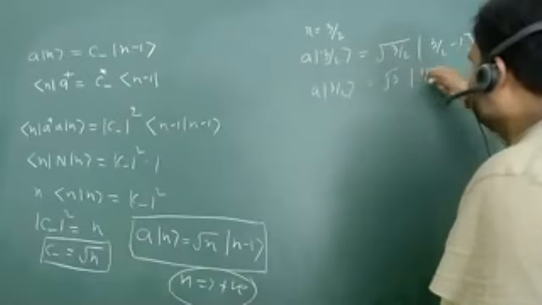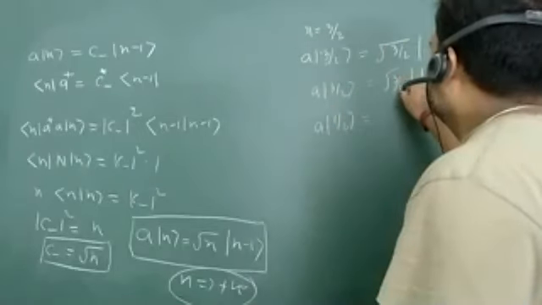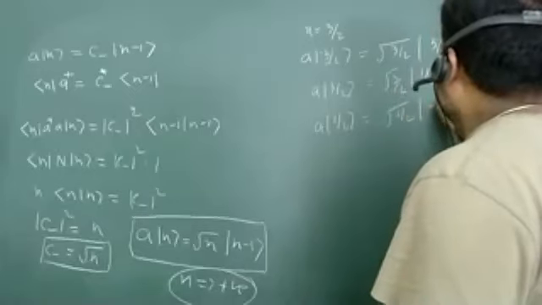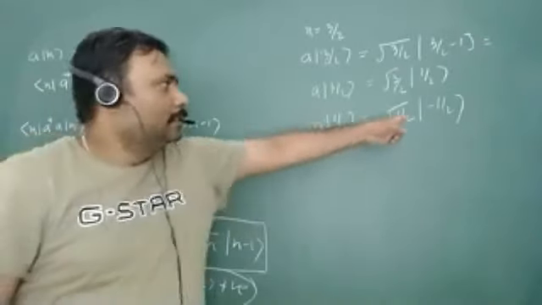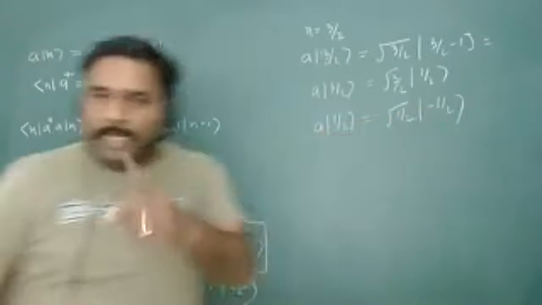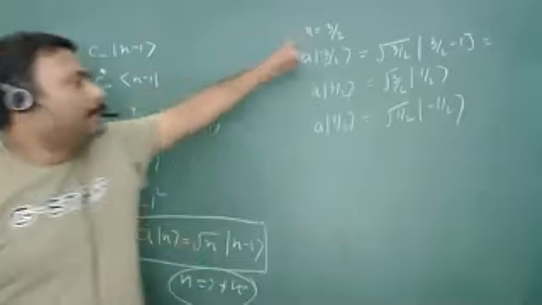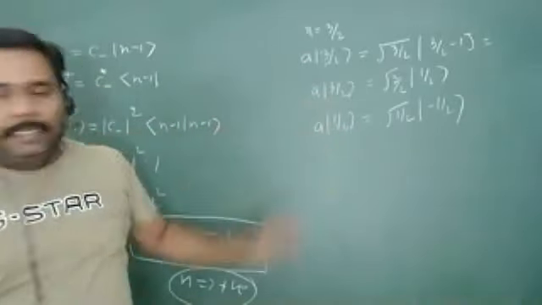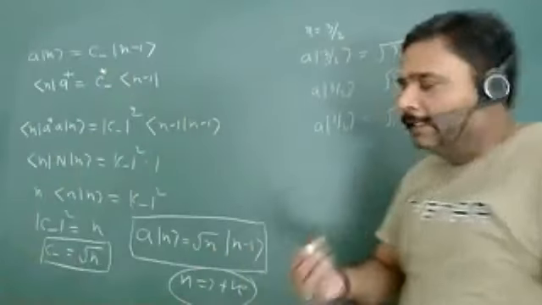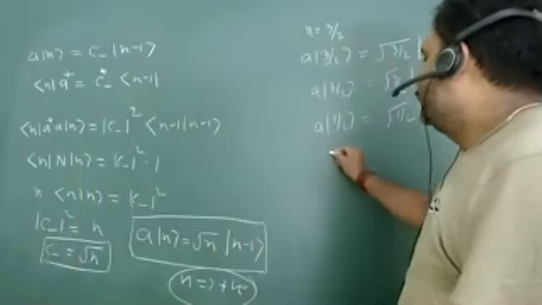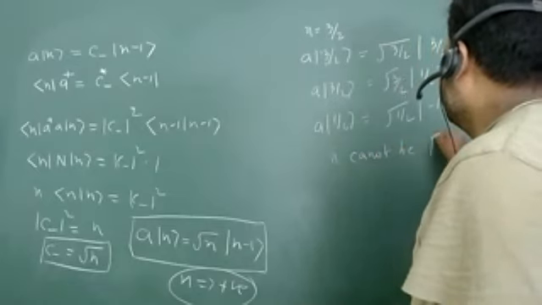Now, if half ket exists, then if a operates on half, you will get root 1 by 2 and minus half. And here there is a discrepancy. You cannot have minus half, because I have chosen that n is always positive. So if we take a fraction and operate again and again, making the series, we can get a negative number. So yes, here one more conclusion is that n cannot be a fraction.